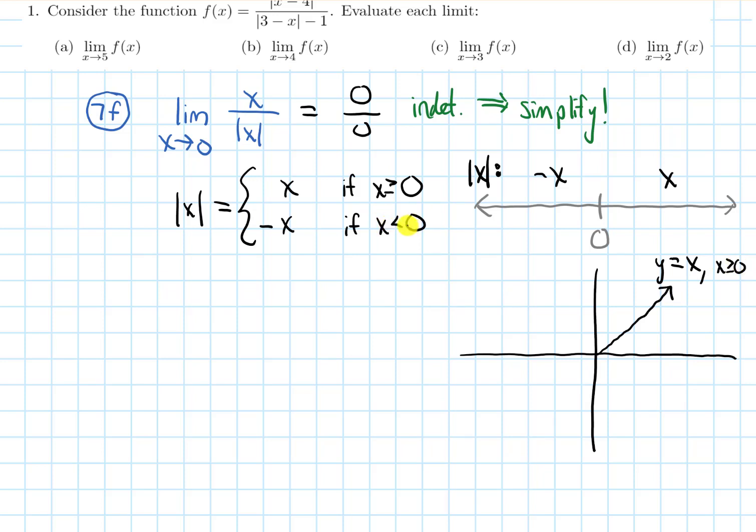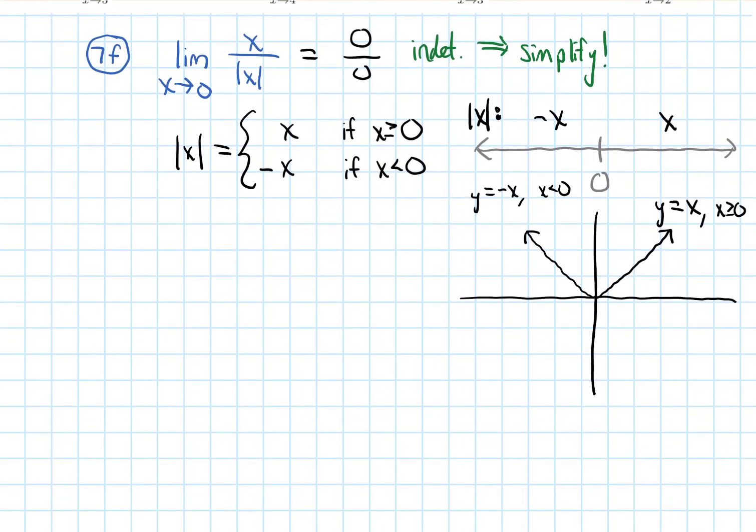When x is less than 0, I'm going to draw y equals negative x. That's going to be a line still through the origin, but the slope is negative 1. That looks like this, and that is the absolute value graph that you may be used to seeing. So that matches up with the piecewise definition.